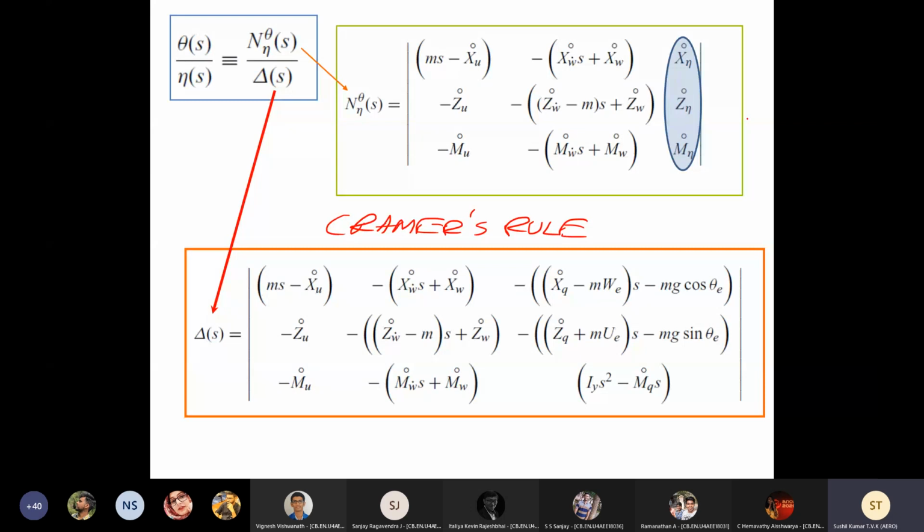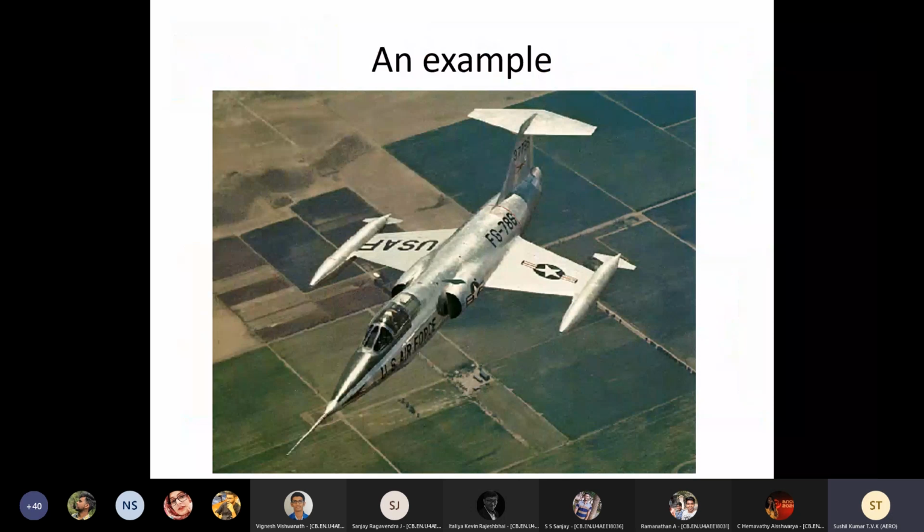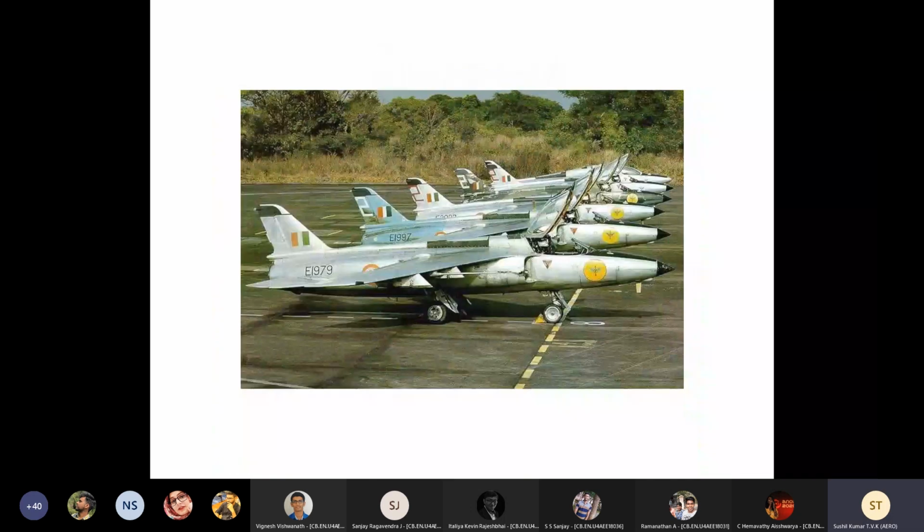Just a diversion. The example given in the book is for the Starfighter. Okay, it was a Mach 2 fighter which was used by Pakistan during the 71 war. Mach 2 was something great, and this was supposed to be the best fighter in the world in those days. And is anyone aware of this fighter?